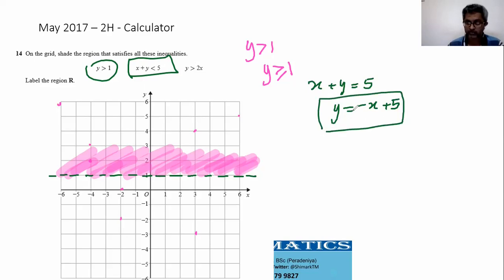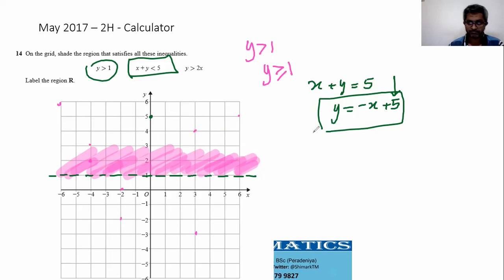So if you're drawing this one, c is 5, so it's going to go through this point, and m is going to be -1. So it's going to go this way, right?